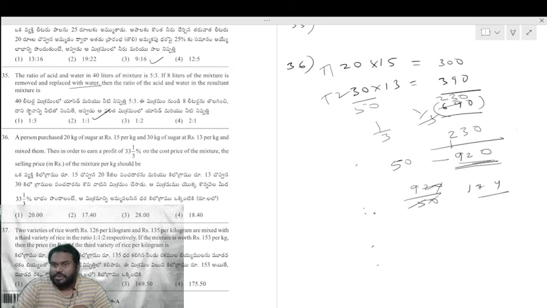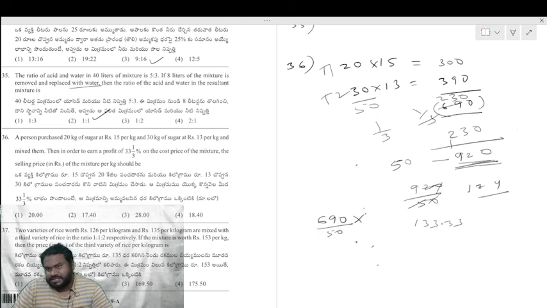Like this you can do it, or else you can do it one more way. So 690 is the amount he is spending, right? So on this you should get 33%, so it means 133.33% is the value for which he has to sell. Okay. So 690 by 50 is the rate for 100%.